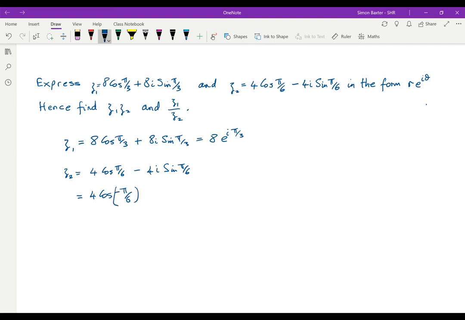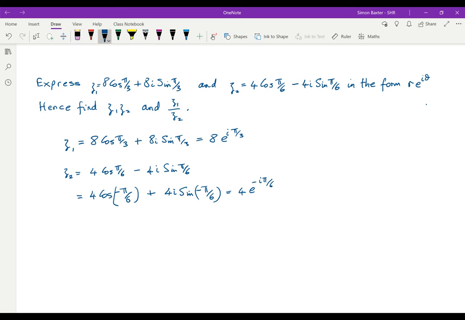Well, your trig should be up to the idea that cos of minus pi by 6 is the same as cos pi by 6, and sine of minus pi by 6 is minus sine of pi by 6. So if I want these two lines to be equal, I must put in a plus. Now I have written z2 in modulus argument form. So now I can write it in the exponential form, 4e to the minus i pi by 6. So that's the first part of the question.